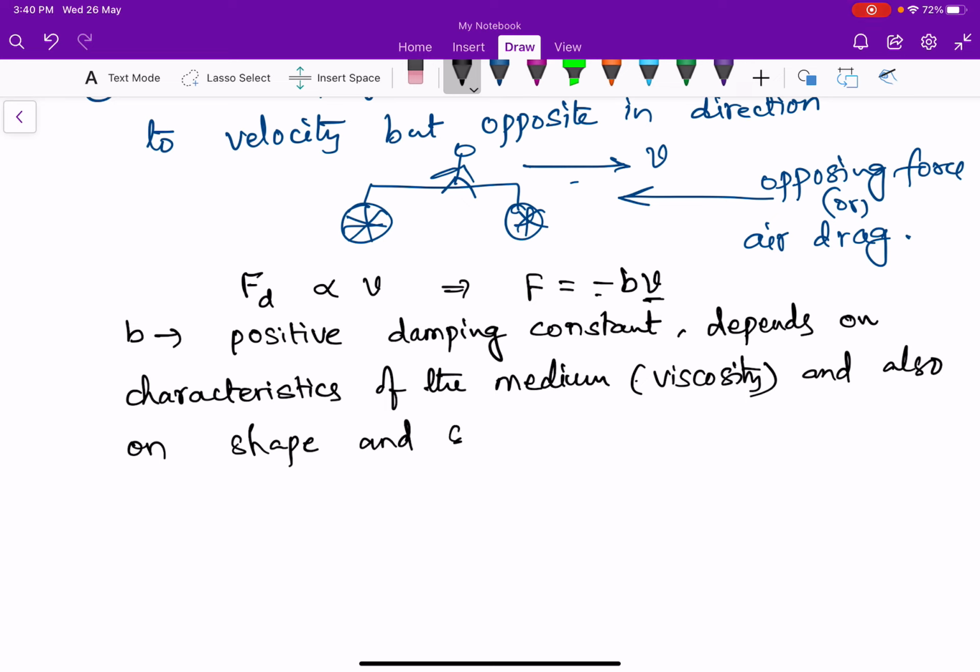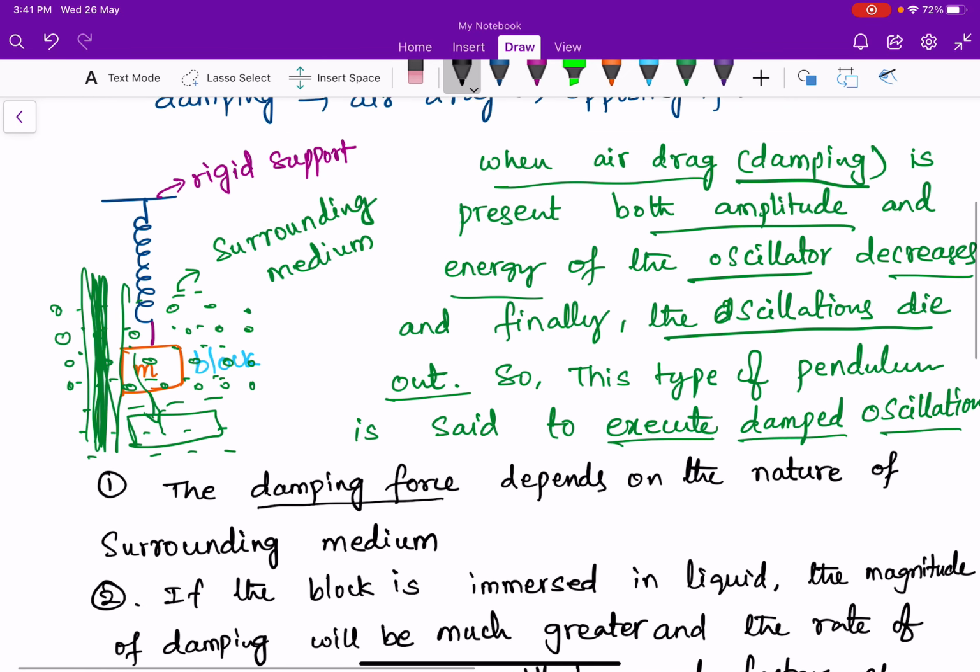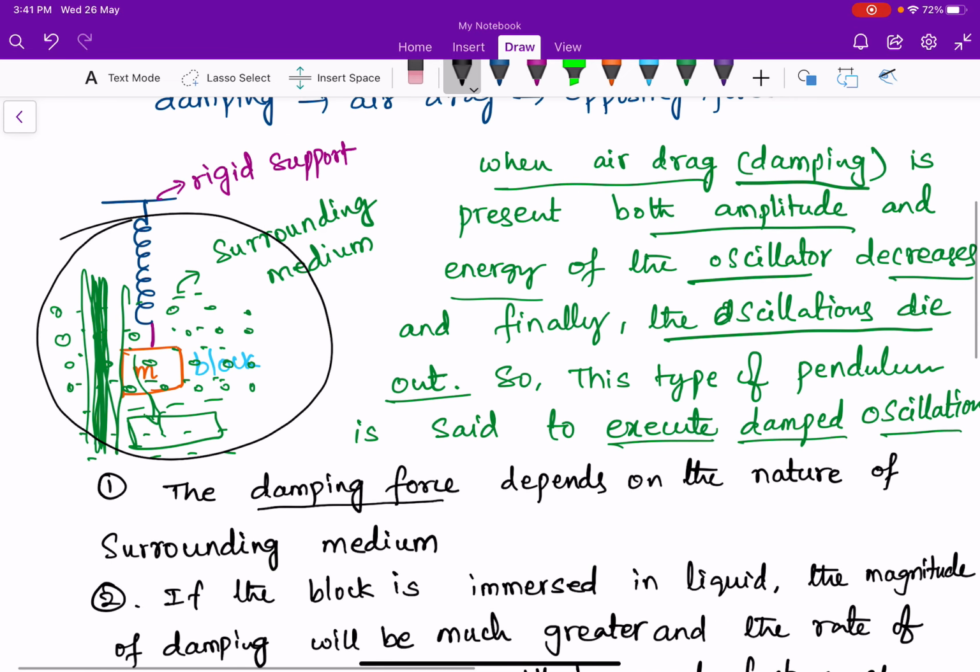So B depends on the nature of the medium, or characteristics of the medium like viscosity, and also depends on the shape and size of the object. So now, how many forces are acting on this harmonic oscillator?